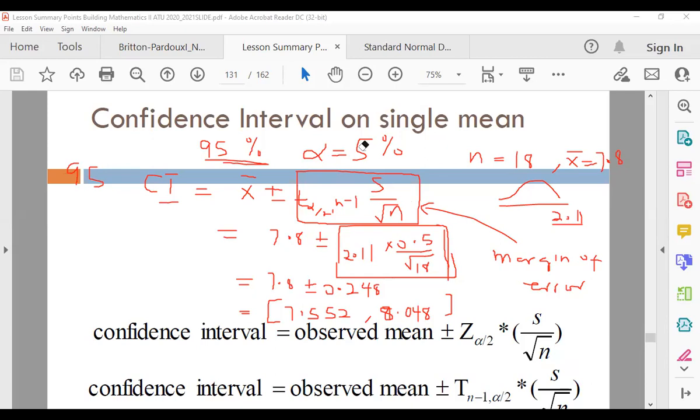So in this case, let's say we want to develop a 90% confidence interval.